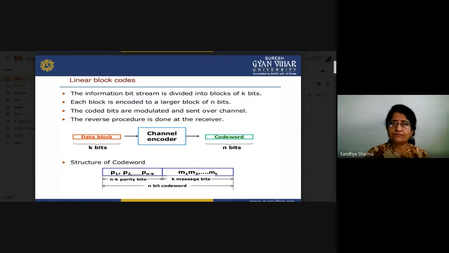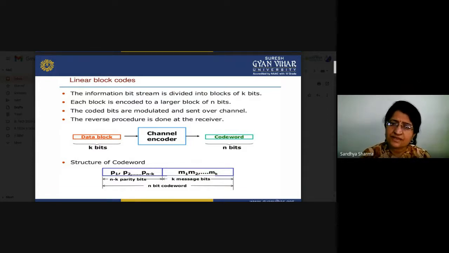Encoding means you add some redundant or extra bits to this block of k bits, converting the k bits of data into n bits of data. These n bits are called coded bits, and then these coded bits are modulated and sent into the channel.